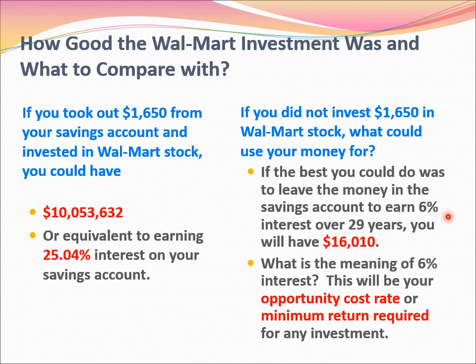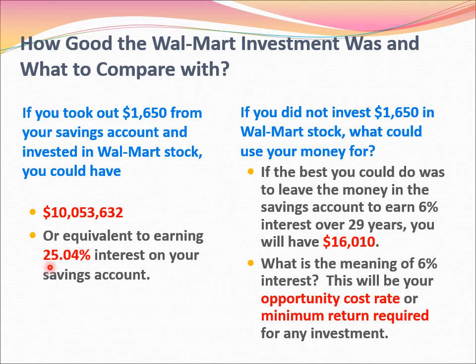So what is the meaning of this 6%? It is the opportunity cost of this alternative. It is the second best alternative. Okay? It is the minimum return required. So if this investment percentage is larger than 6%, then you will want to invest on this alternative.